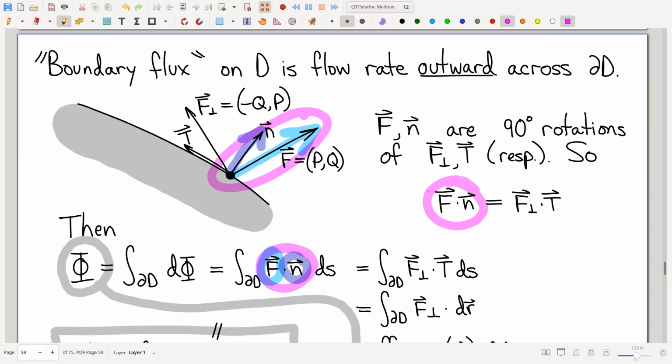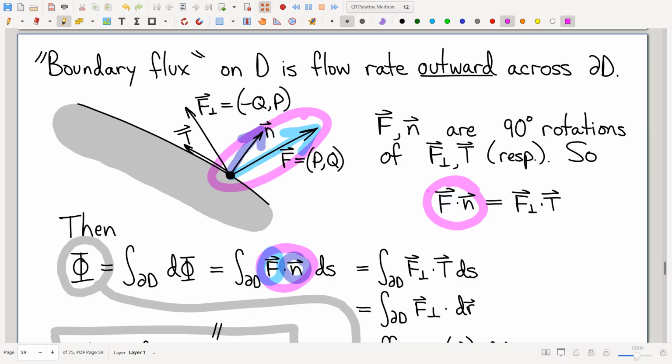It depends on the angle between these vectors. So how about this? Let's take both of these vectors and rotate them both 90 degrees counterclockwise, just because. That doesn't change their lengths. It doesn't change the angle between them. Therefore, it's not going to change the dot product, right? If I rotate them both by the same amount, the dot product stays the same.